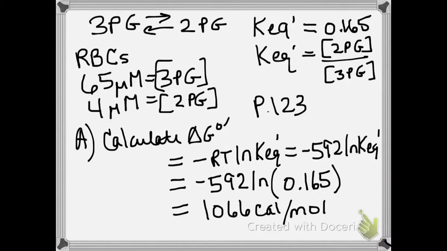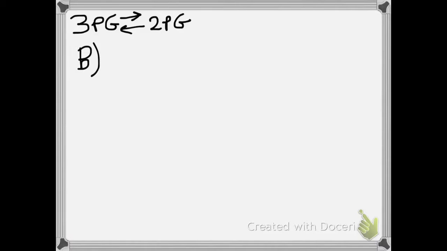Okay, so now that we've calculated the standard free energy change, we need to re-examine things. I'm going to write the equation again up here at the top. And the second part of the question, part B, asks us to calculate, I'm sorry, not the standard free energy change, but just the free energy change.